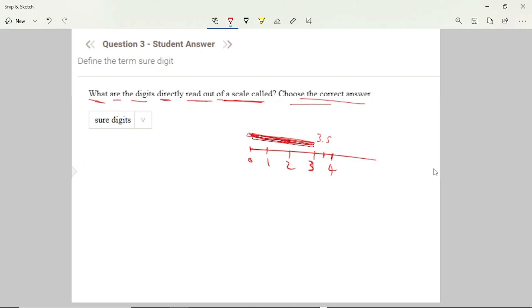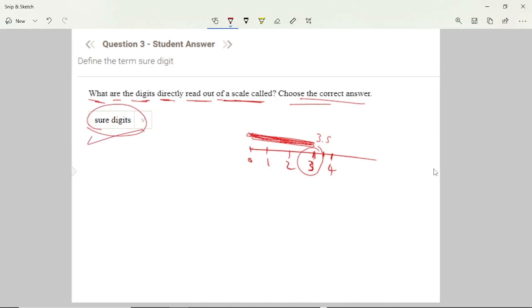So that means 3 is a sure digit. Any digits directly read out from a scale are called sure digits.